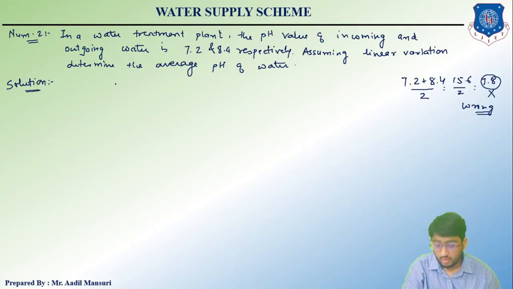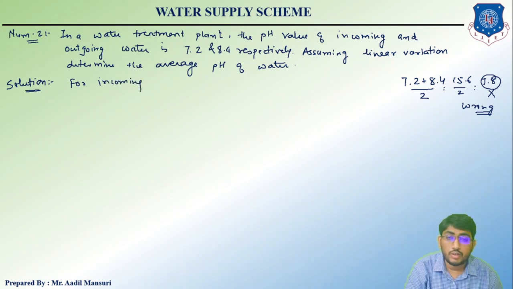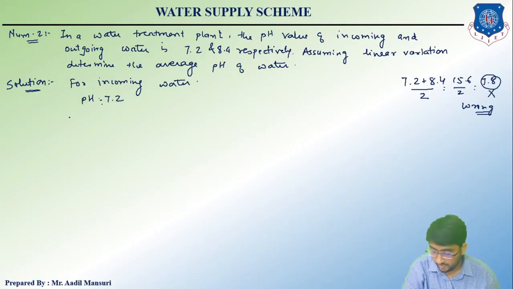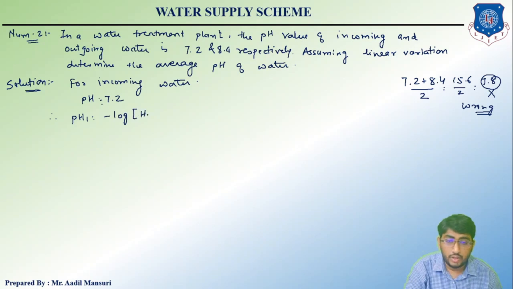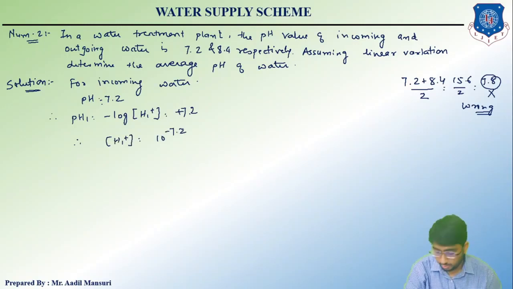For incoming water, how much is the pH? 7.2. So pH1 equals negative logarithm of H1 plus equals 7.2. Therefore H1 plus will be 10 to the power minus 7.2.